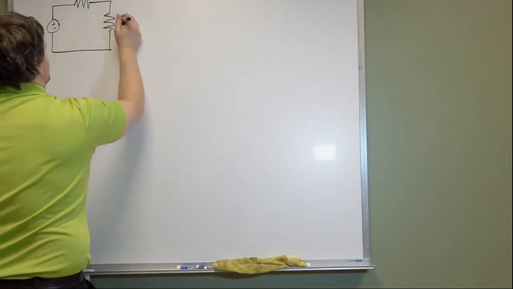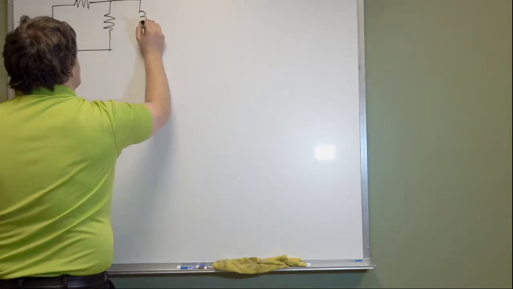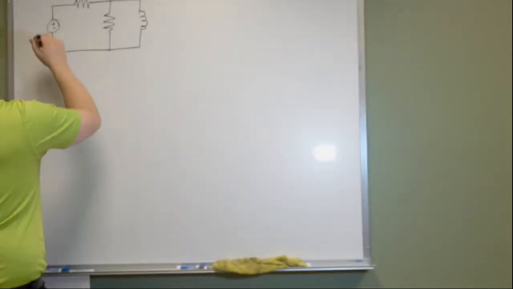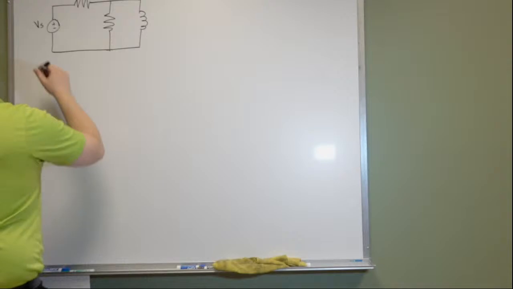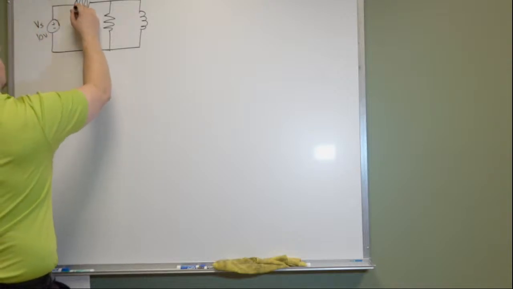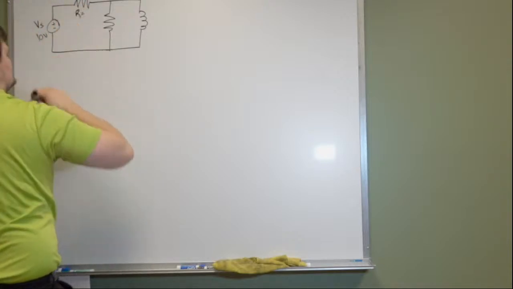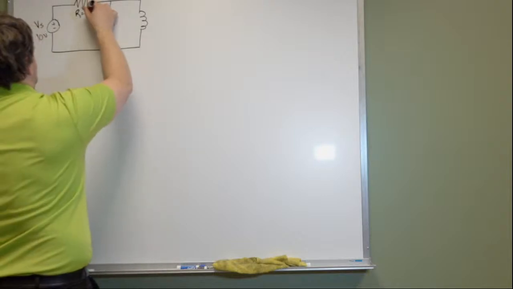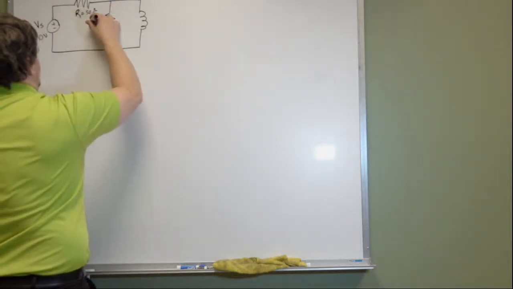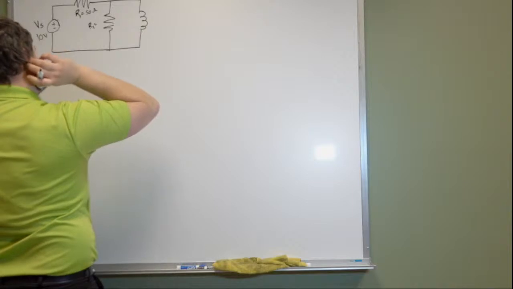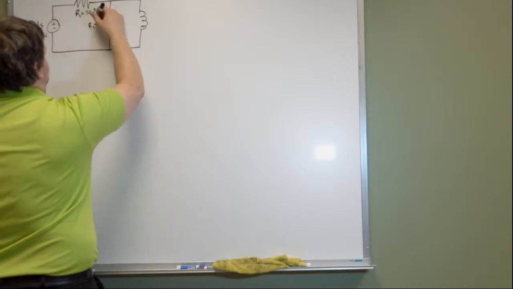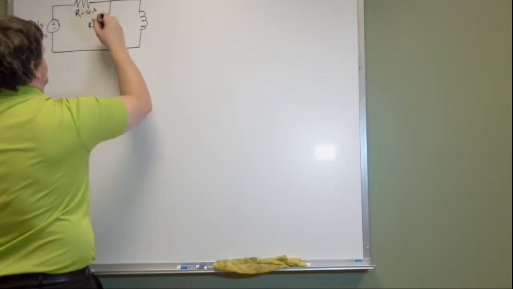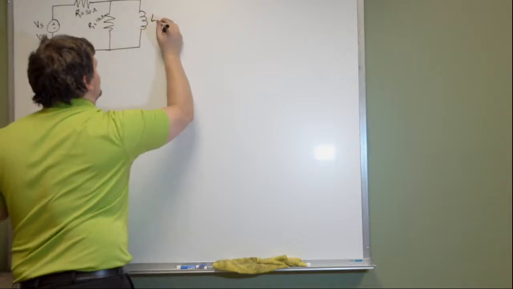So here, this is going to be an RL circuit. We have VS, we'll set VS equal to 10 volts. We have R1, we'll say R1 is equal to 50 ohms. We have R2, we'll say R2 is equal to 150 ohms. And then we'll say L is equal to 5 henries.